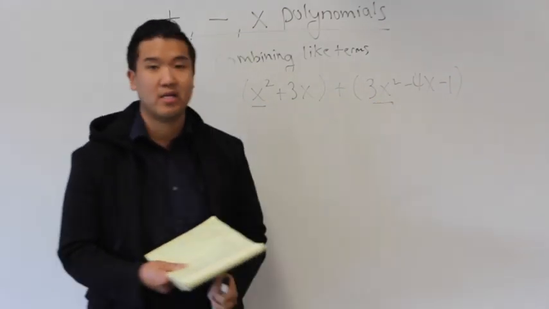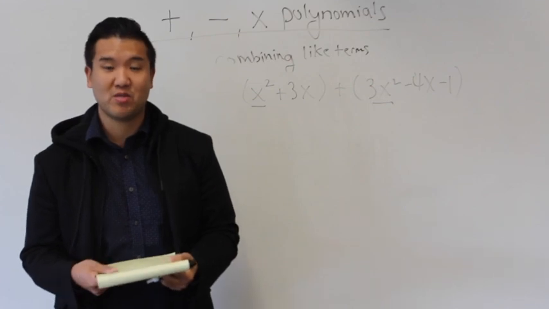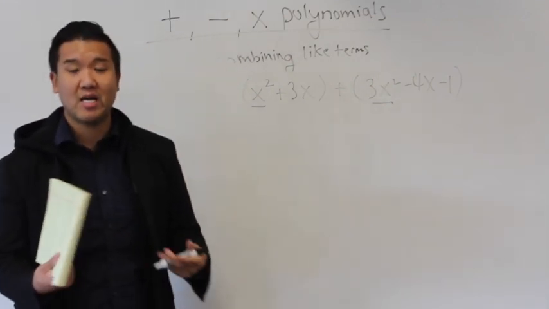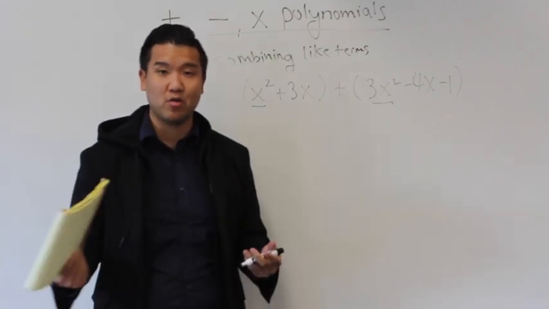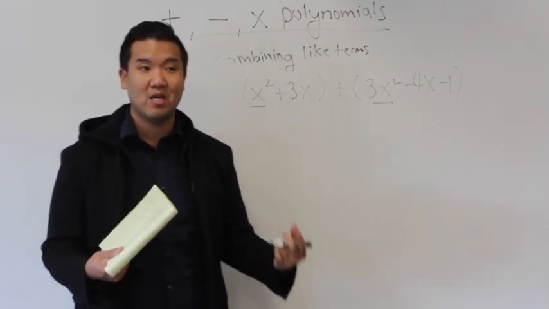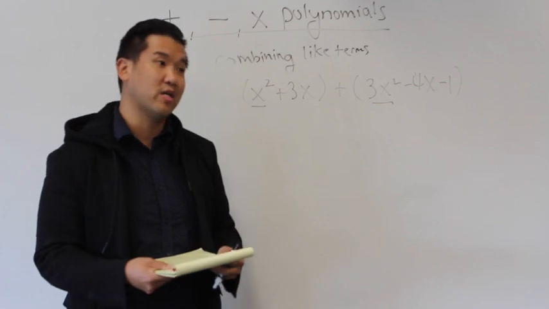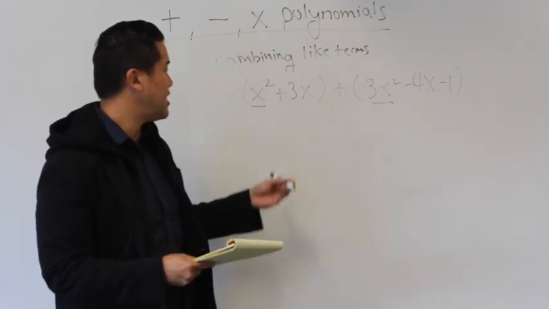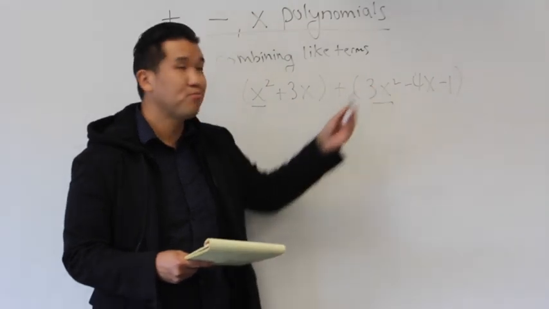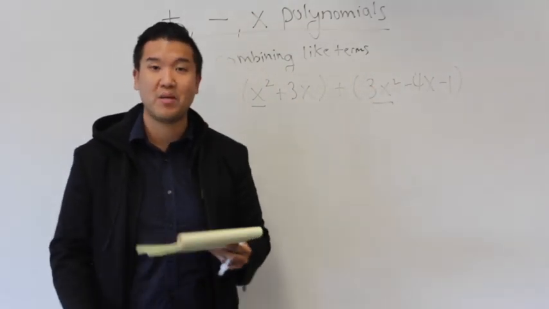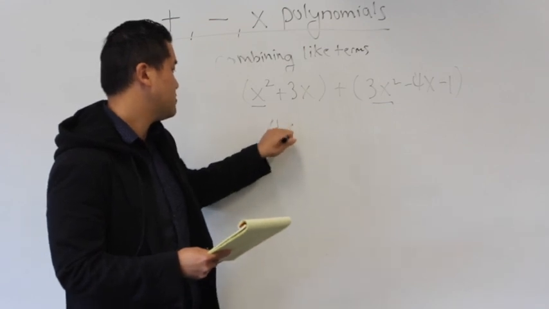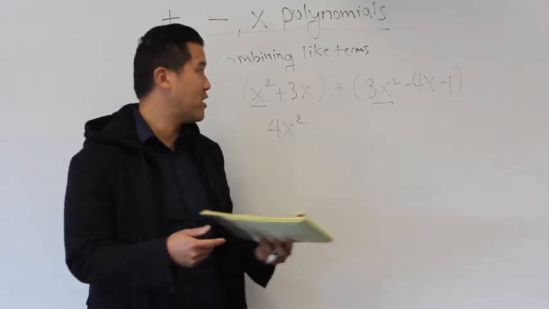I like to underline my different terms, so it's easier. Sometimes when you have a big polynomial function to add, subtract, and multiply to another big polynomial function, we tend to forget certain values. We can miss it, or we can add it twice, so then it throws off our answers. So I like to be organized in this case. If I have x squared plus 3x squared, how many x squares do I have? You have 4.